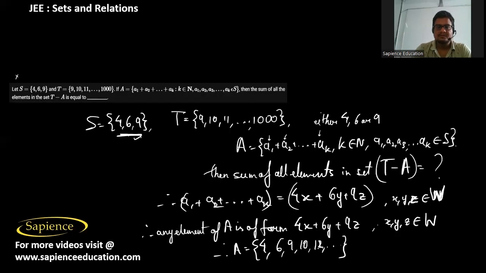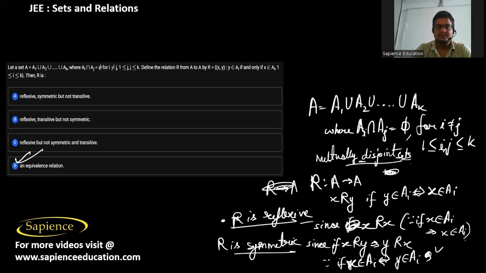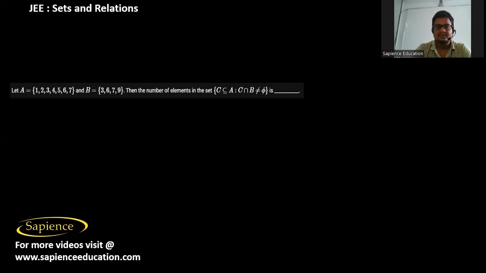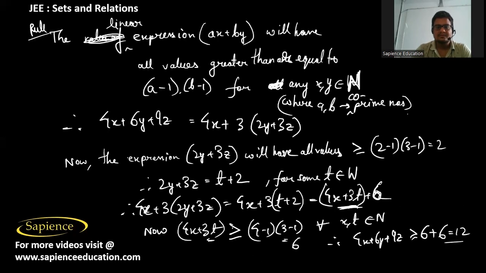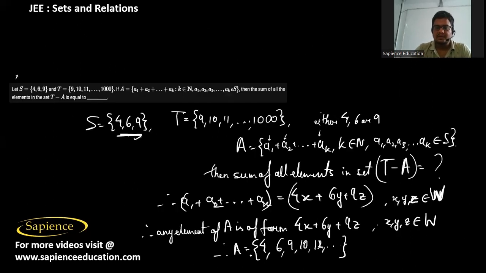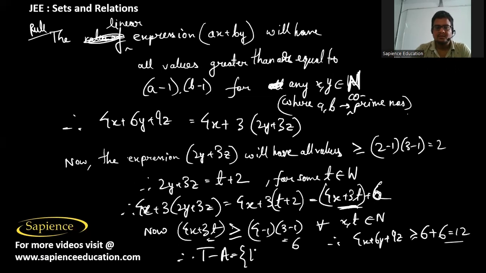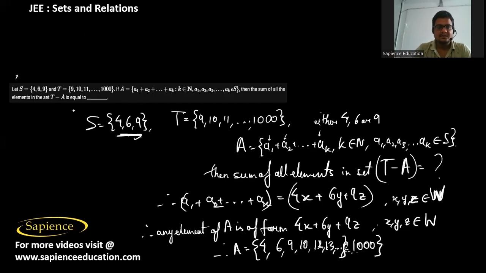So therefore t minus a. So therefore a will contain 12, 13, 14, all till 1000. Now if we subtract these from t, then t minus a will be only 11, since 9, 10 is already there in a.